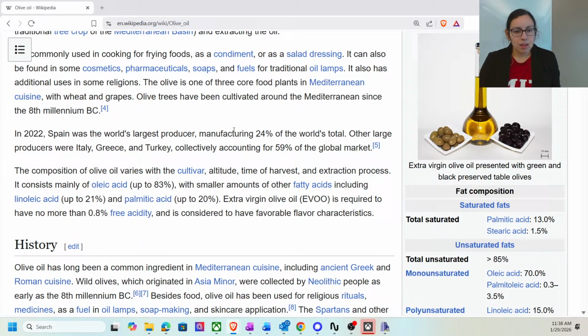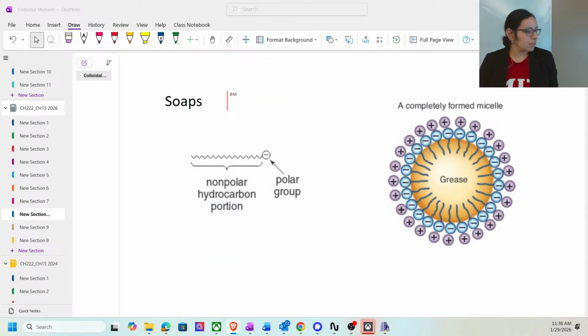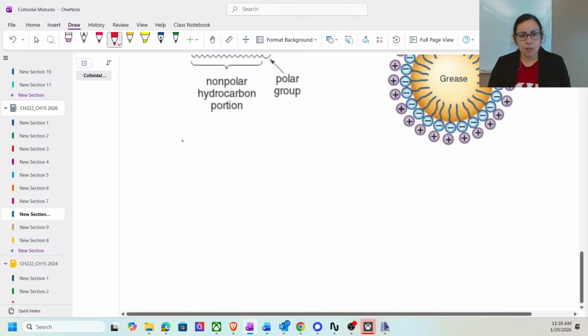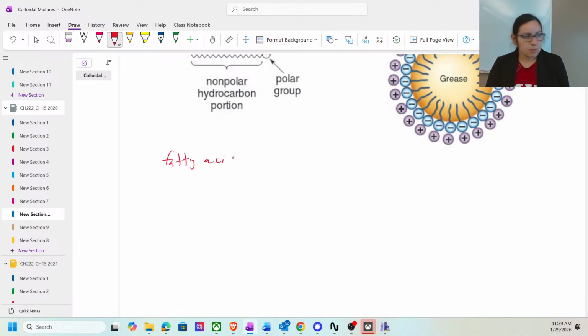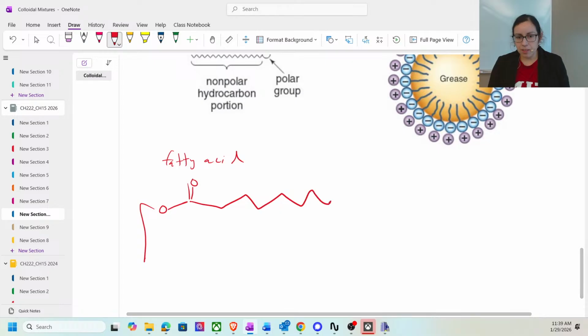Let's get an idea of what a saponification reaction is. Essentially you have your fat, some sort of fatty acid chain, and they generally look something like that.